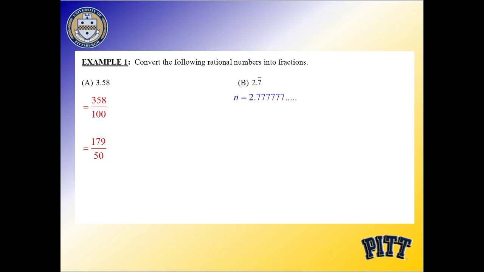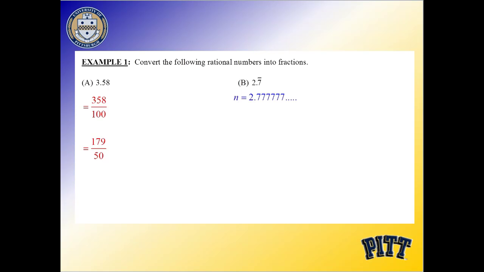So I just can't think of what I need to multiply this by to get the decimal point moved so far enough to the right that I have no more 7s. Well, that's impossible because I have an infinite number of 7s. So I have to come up with a method of being able to come up with this fraction value.